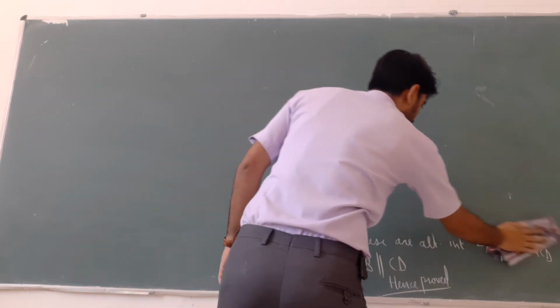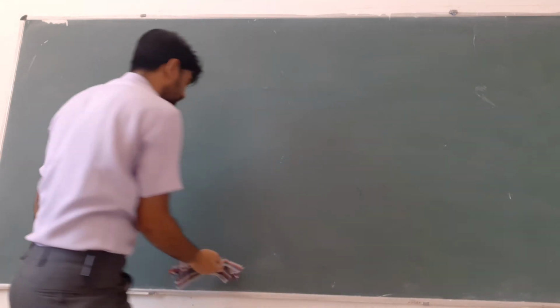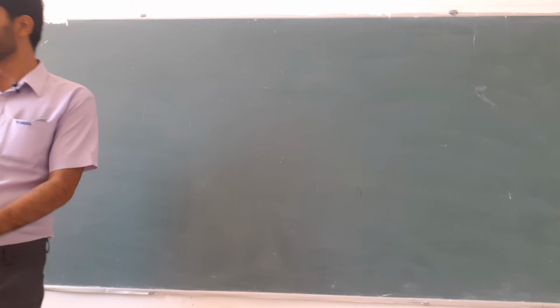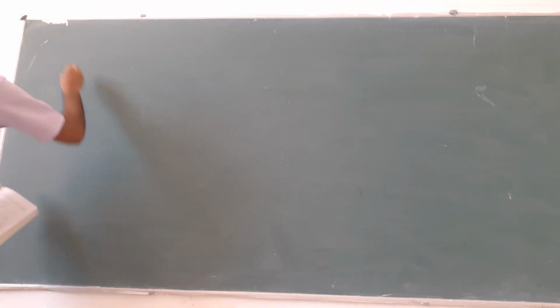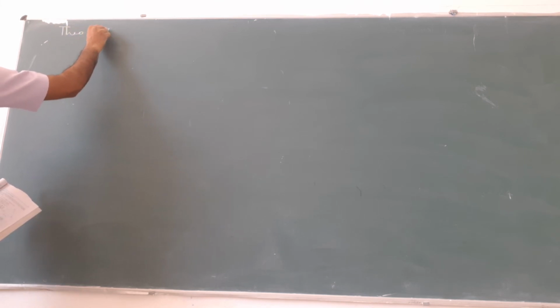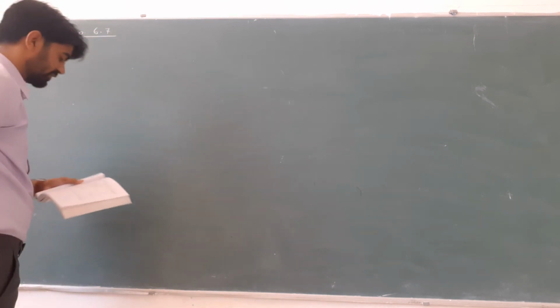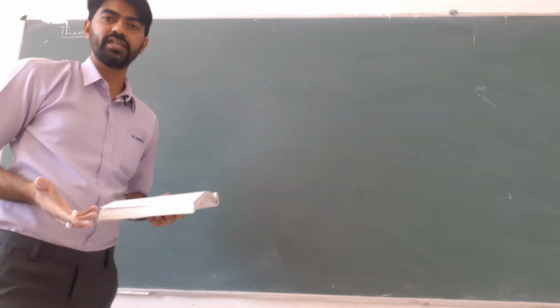Sum of the angles of a triangle is 180 degree. Proof of this theorem comes in your syllabus. Okay, so this is theorem 6.7. What is that? Sum of the angles of a triangle is 180 degree.